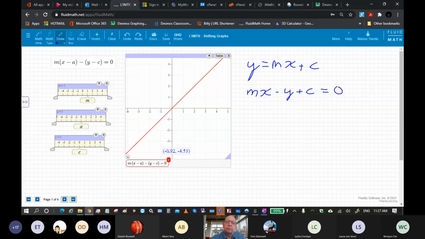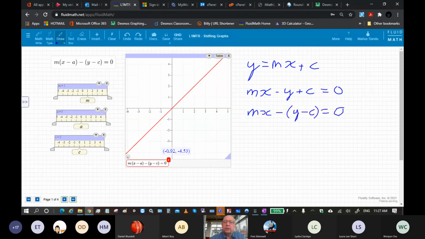Now I'll put the c in brackets, so I've got mx minus y minus c is equal to 0.